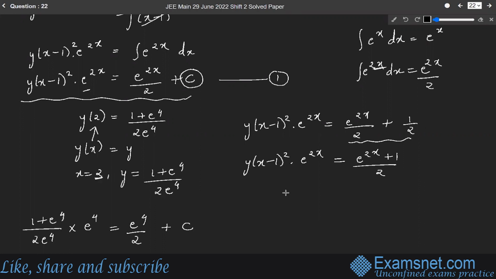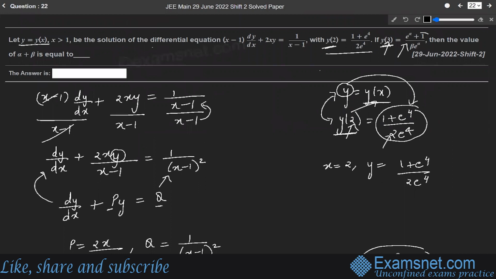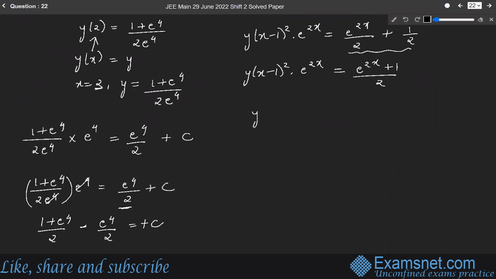Now, another expression is given in the question, which is in the form of y(3). So we have to use this expression too. Let us write this expression. The expression is y(3) is equal to (e^α + 1)/(β e^α). This is the form that is given in the question.